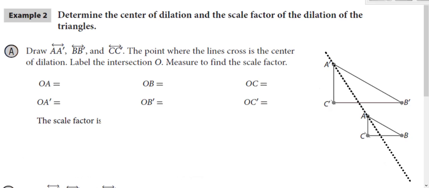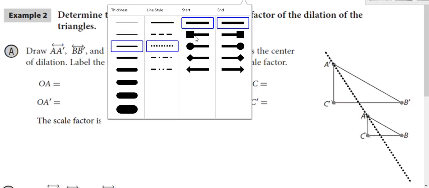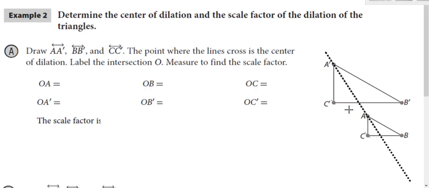So draw those lines from C prime through C, and through B prime to B. They should all intersect at one point, right there.